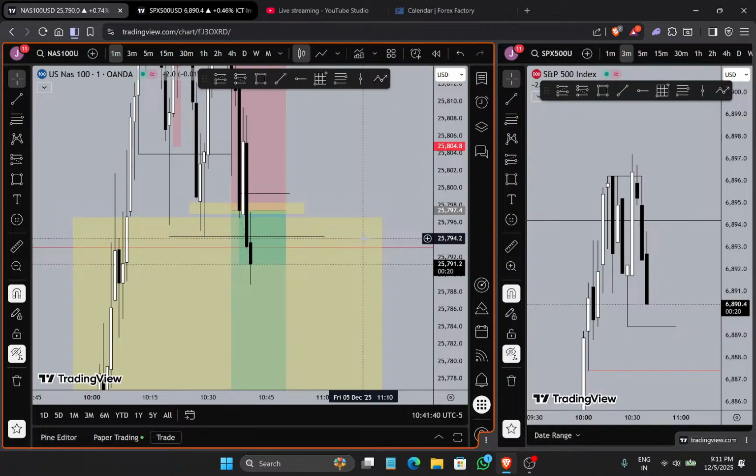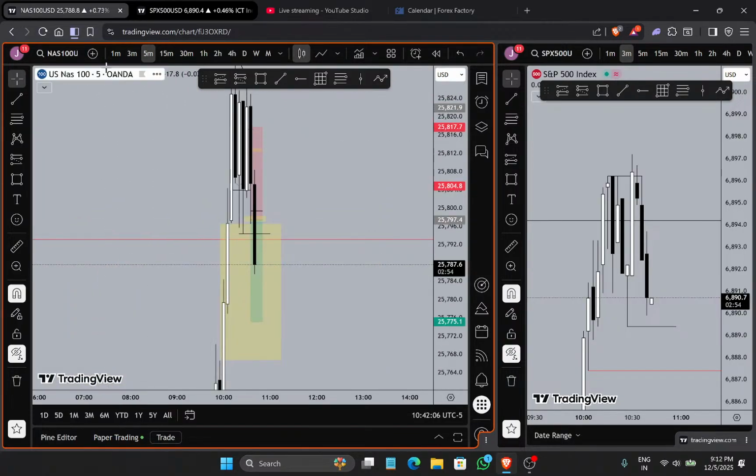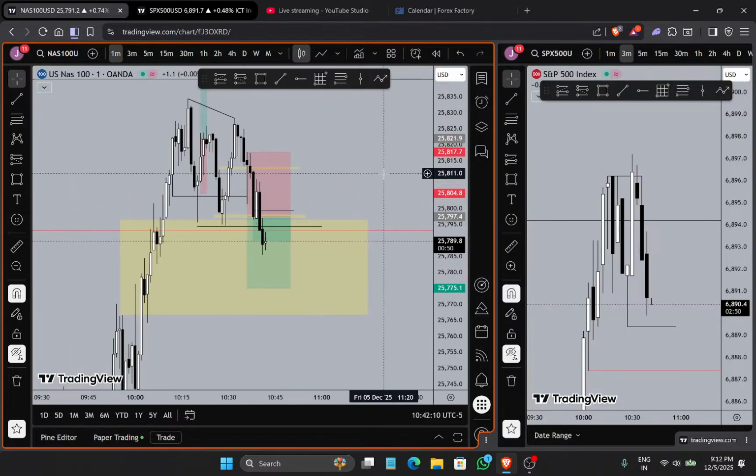Yeah, now I am putting it into exact break even, because look at that push here. Great. Let's take our 1 to 1 and just get out. Now I am exactly on break even. Let's see if we can push.